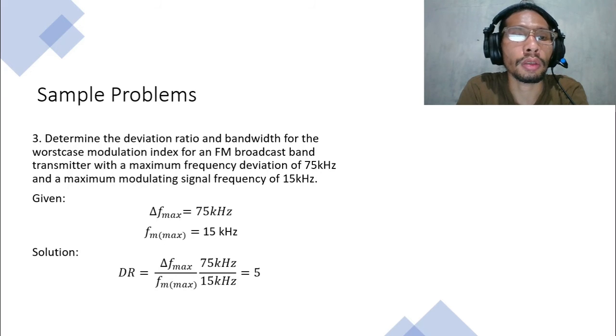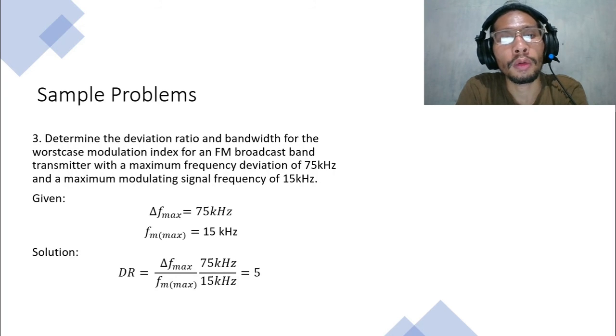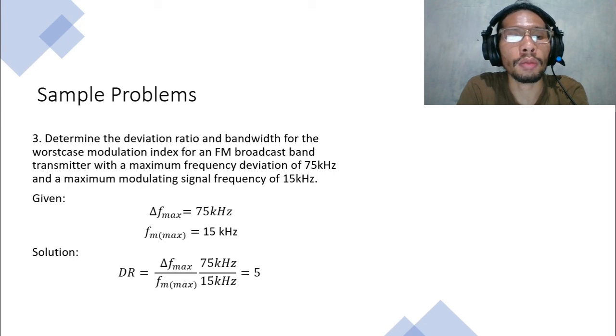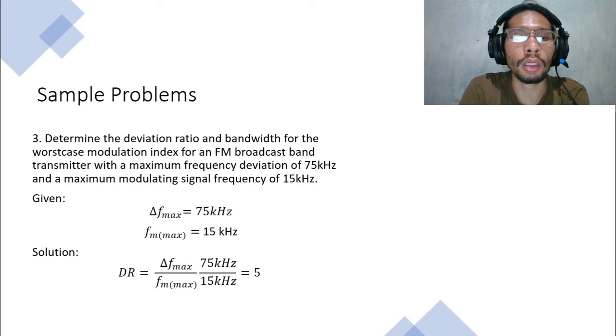Using the given parameters, delta F, or the maximum frequency deviation, is equal to 75 kilohertz, and the maximum modulating frequency is 15 kilohertz. The deviation ratio is equal to the maximum deviation frequency over the maximum modulating frequency, which is 75 kilohertz over 15 kilohertz, and the ratio is 5.